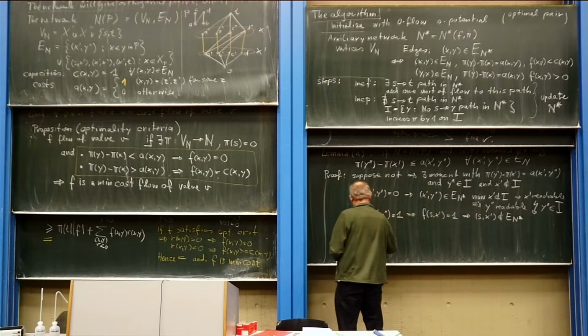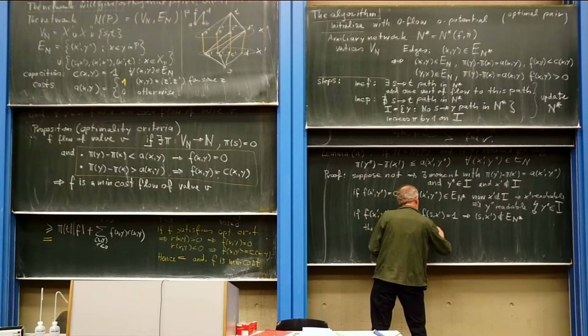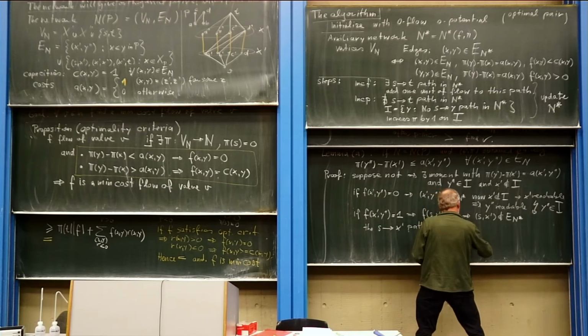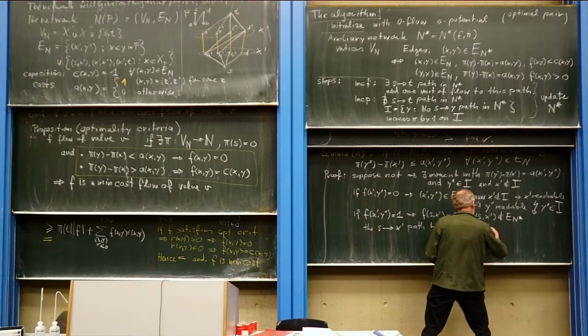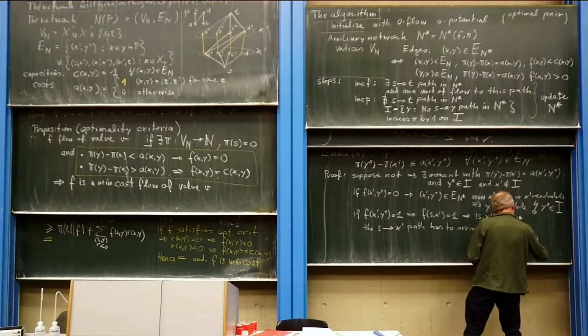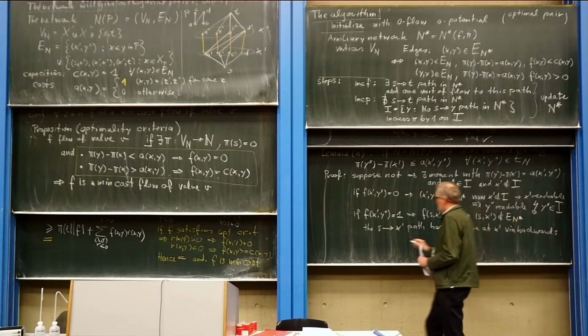The S to x prime path has to arrive at x prime via a backwards edge.